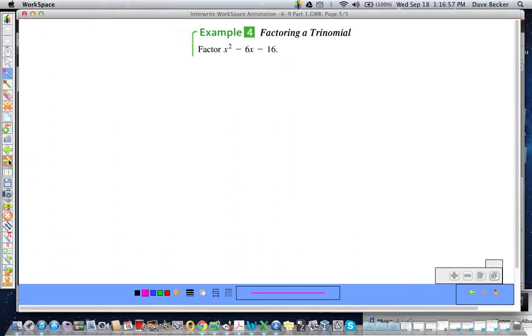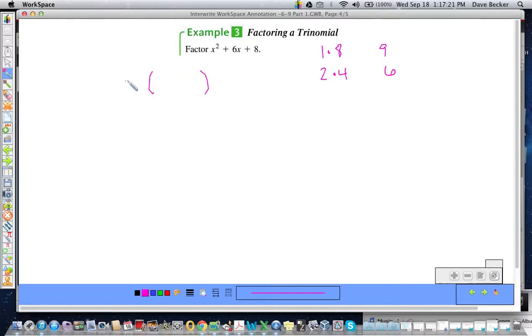Okay, here we go. So I need factors of 8 that when added together give me 6. So 1 times 8, the sum is 9. That doesn't work. 2 times 4 is 8, and the sum is 6. That works. So that means I can use 2 and 4. So this equals the product of two binomials.